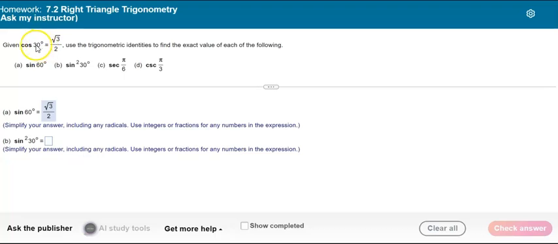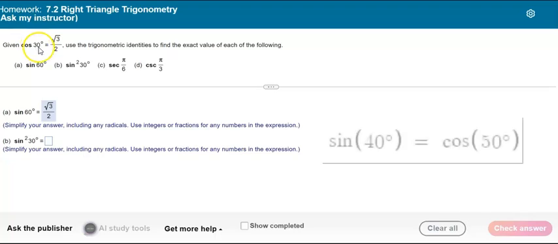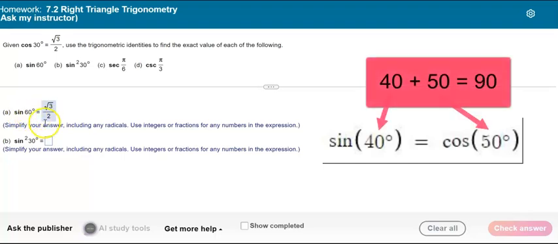All right, if you're going from cofunction to just the function, or vice versa, if the two numbers as the inputs add up to 90, then you get the same output. So what I mean by that is if this had said the sine of 40 is a number, then the cosine of 50 is that same number.